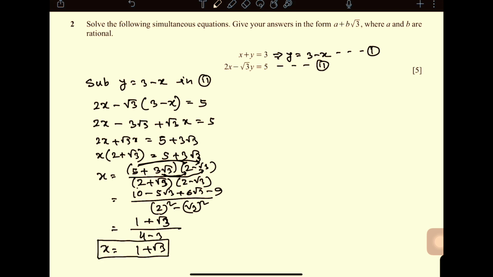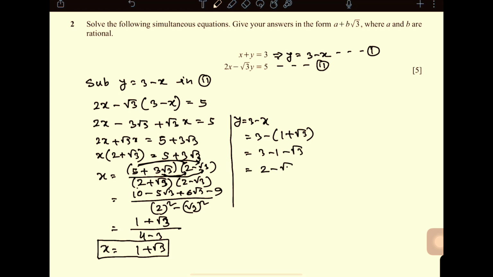We substitute this x in equation number 1. y equals 3 minus x, y equals 3 minus x, here 1 plus root 3, so 3 minus 1 minus root 3, so 2 minus root 3.